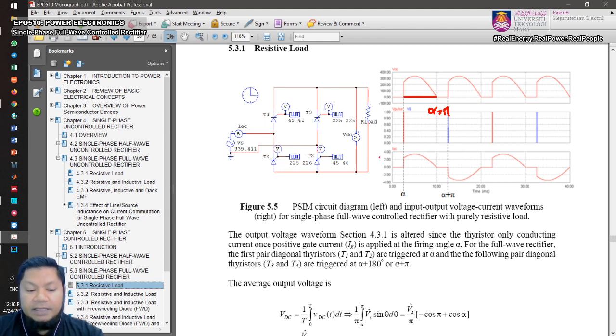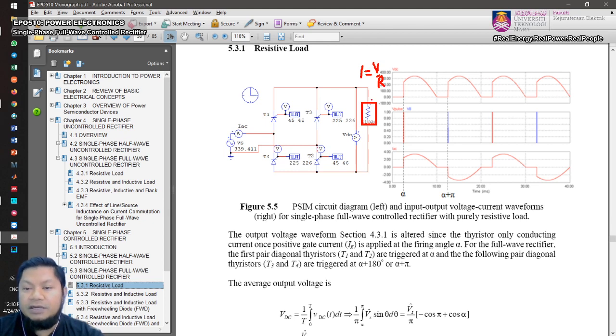Okay, and in terms of input current, again it will follow the output current. If you look at the output current here, it copies the waveform of this output voltage, but scaled down by a factor of R, because I equals V over R, isn't it?